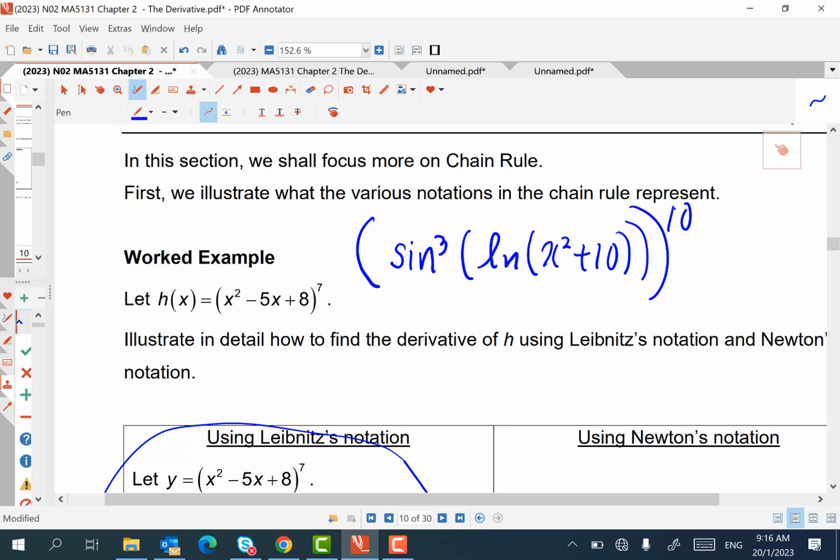Now we bring down the power, copy the same, power less one, differentiate the inside, then differentiate the inside again, the sine, cube, right? You bring down, and the story goes on. Okay, maybe it's a bad example. Given that you asked us, I'm going to put a 1 in front.